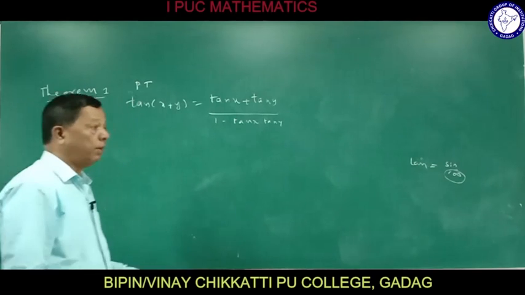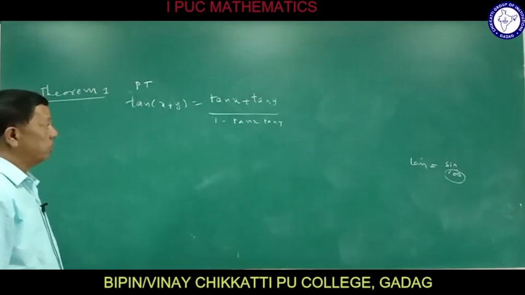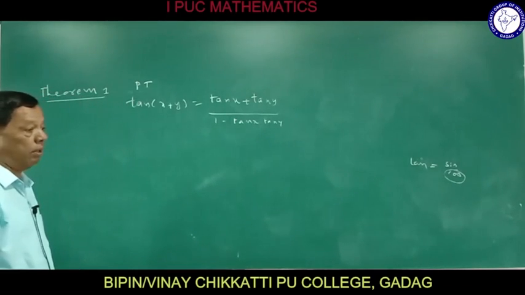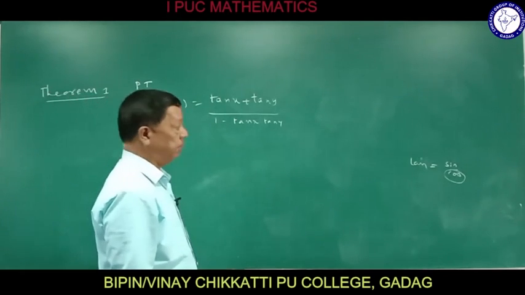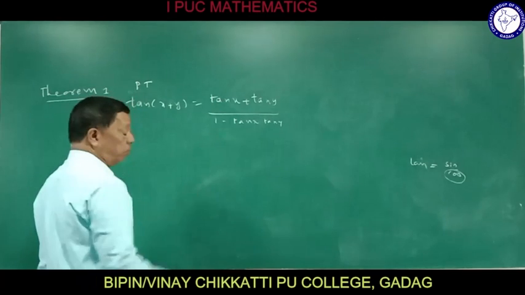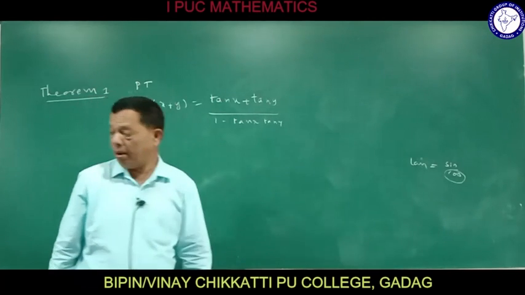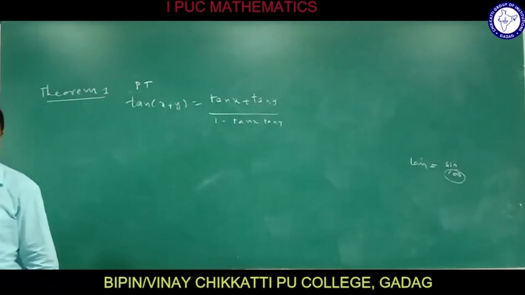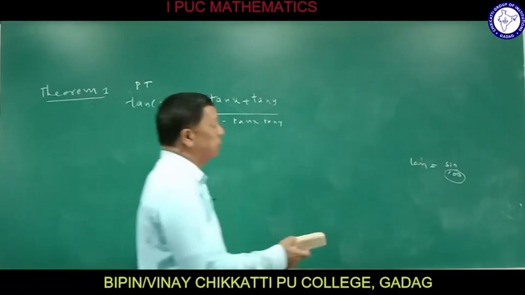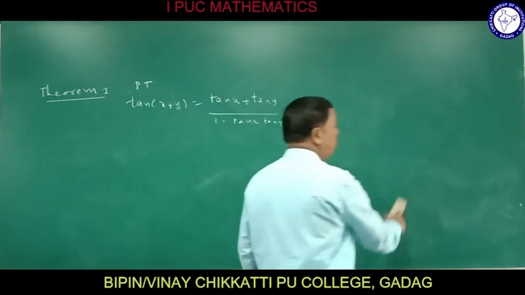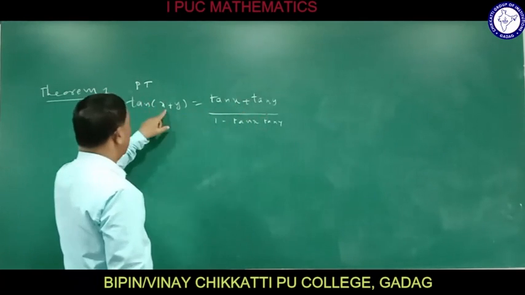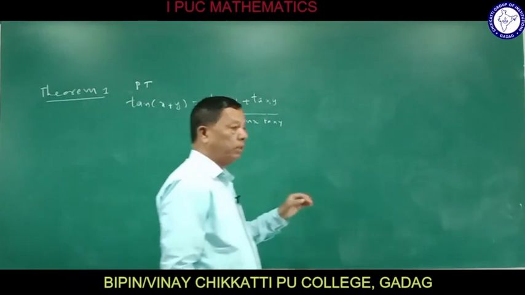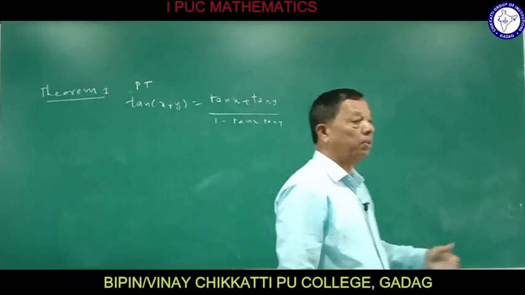None of the values x, y and x plus y are odd multiples of pi by 2. None means not an odd multiple. Then you can prove. Suppose they are odd multiples, you will not be able to prove the result. So that is why I am telling you to consider x, y and x plus y not odd multiples of pi by 2.